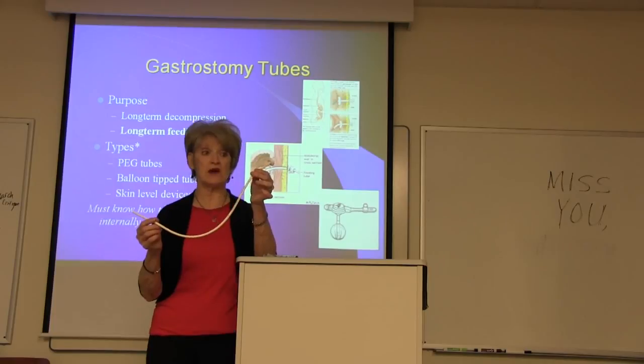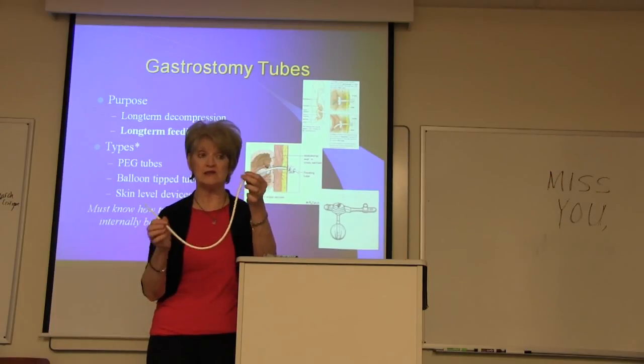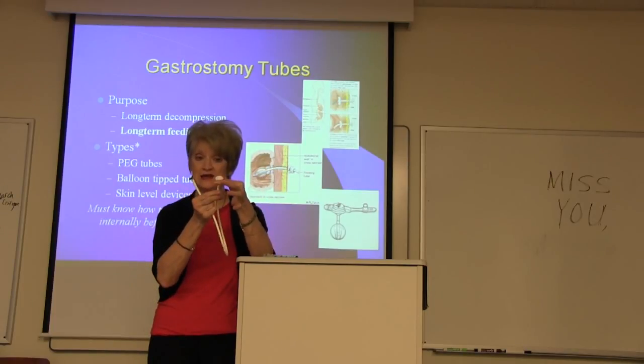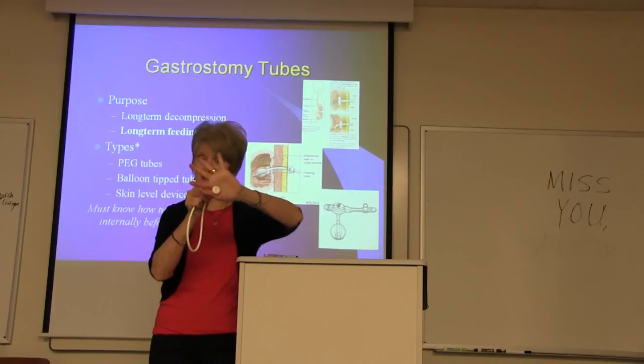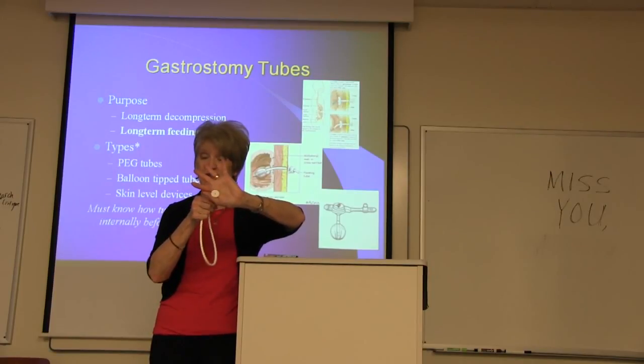Now one thing I wanted to point out about PEG tubes, most of the time this internal bumper that stabilizes it at the gastric wall is soft, so that you can literally pull it out through the abdominal wall.